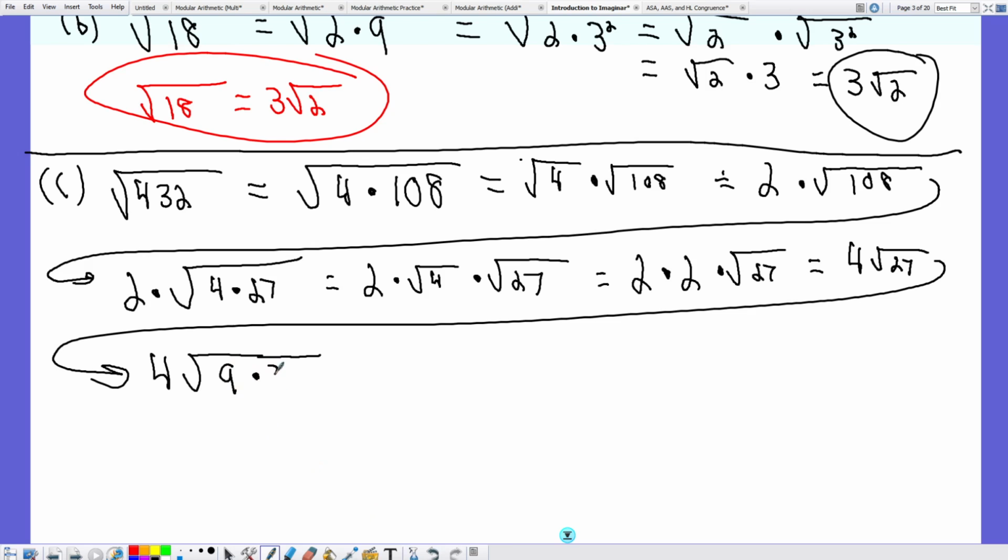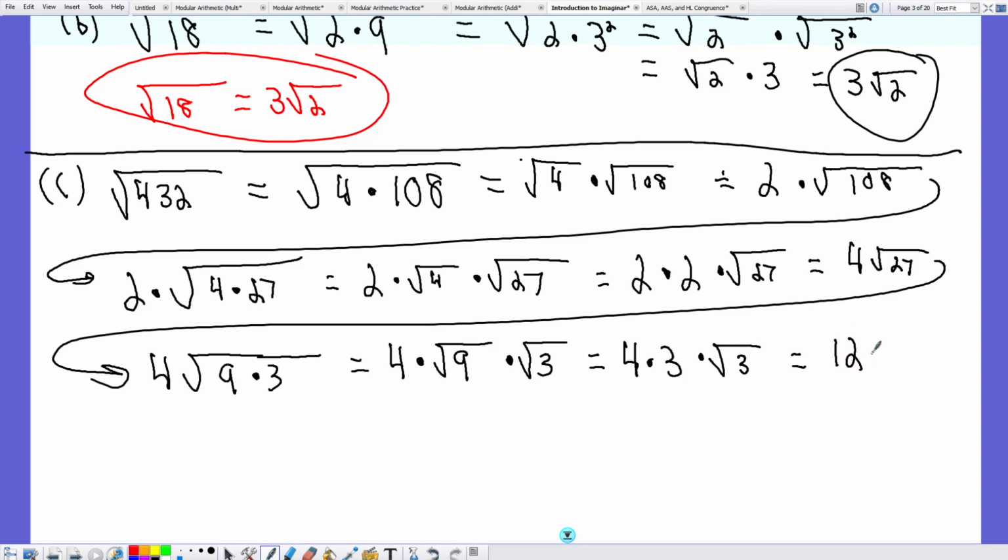So this can be broken down even further as 4 times the square root of 9 times the square root of 3. And the square root of 9 is 3. I have the leftover square root of 3. And then finally, 4 times 3 is 12. Leftover square root of 3.